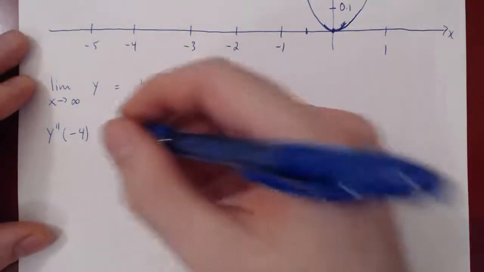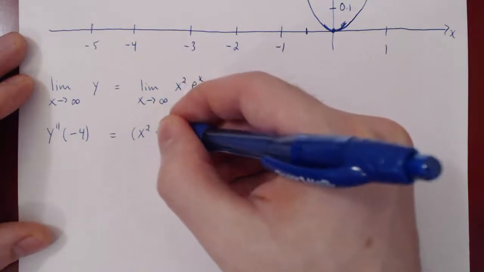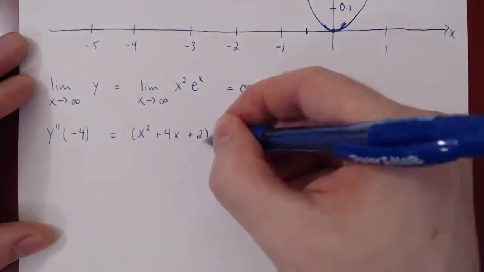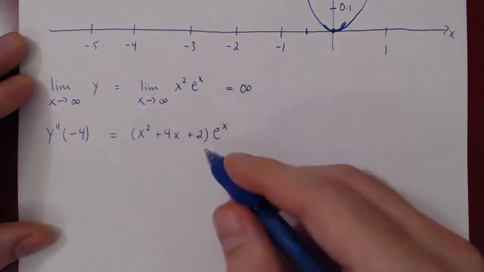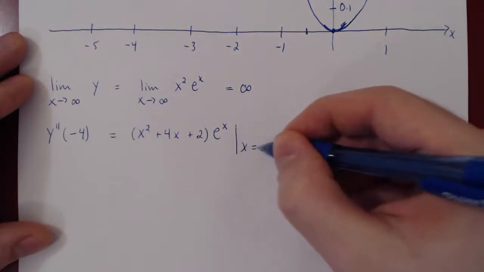Our second derivative, if you recall, was given by x squared plus 4x plus 2 times e to the x. And we now are trying to evaluate this at x equals -4.